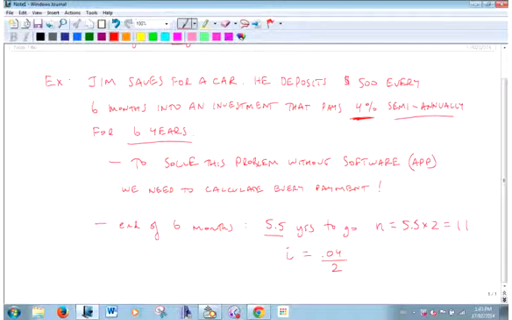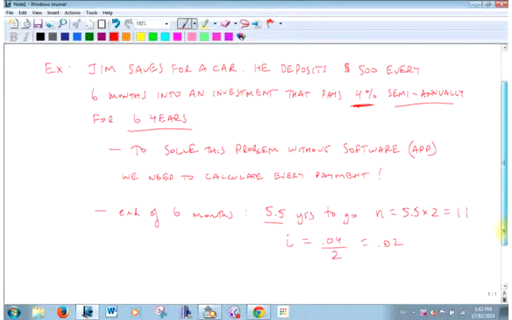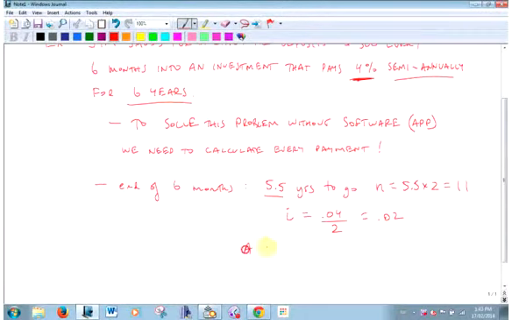So 4% divided by 2, that's 2%, or 0.02. That's what goes in our formula. This is just for the first payment. So the amount would be P1 plus I n. Now, how many more times would we have to do this?